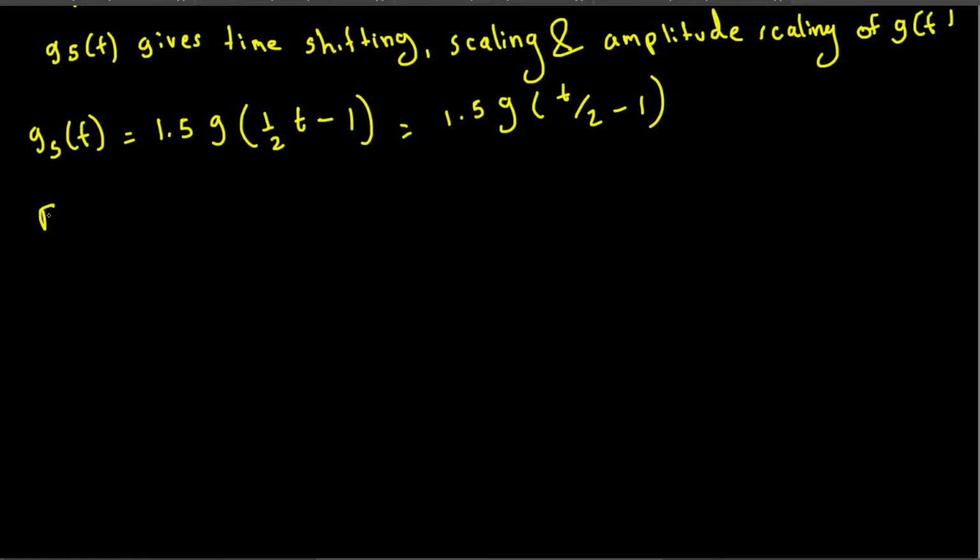So we can find the Fourier transform of individual things. First we can find the Fourier transform of g of t minus 1.